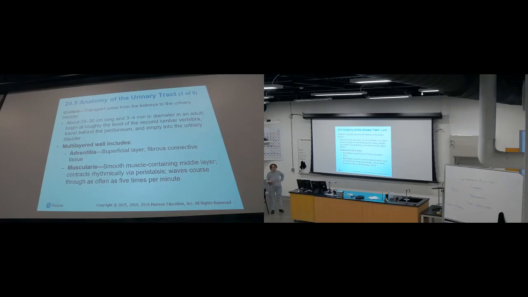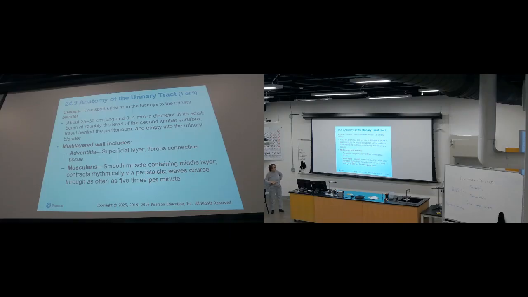It has 4 layers. The most internal is the epithelium, which is transitional epithelium. The transitional epithelium ranges from simple cuboidal to simple squamous, and this is because when the ureter is transporting the urine, the cells will squish, but when it's not transporting the urine, the cells plump. So squamous and then cuboidal.